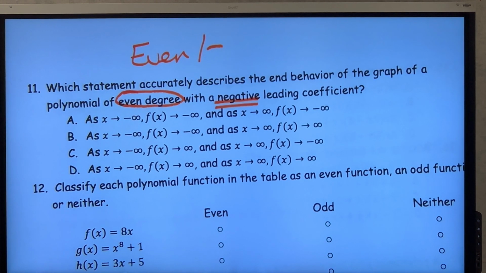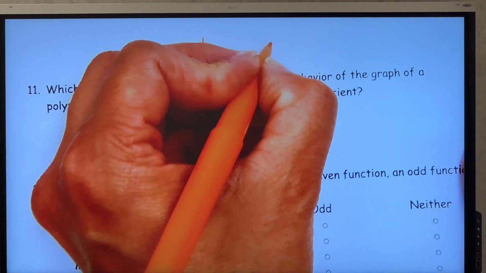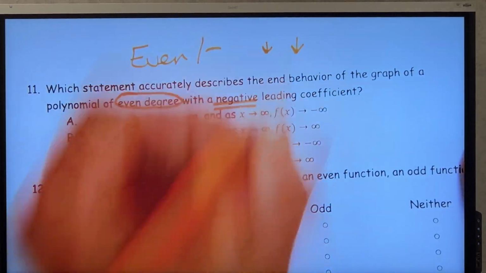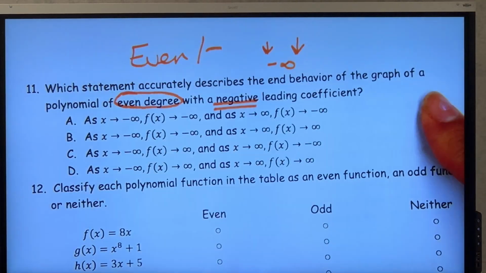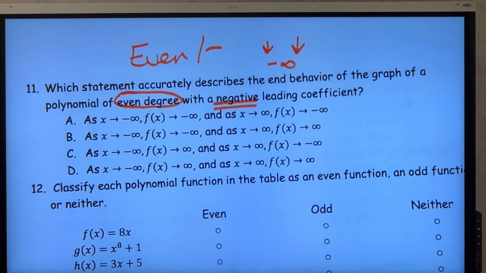But because it's negative, that means that direction is down on the left and down on the right. Remember, down means negative infinity, okay? So as x goes to each of the infinities, left would be negative infinity, right would be positive infinity. The f of x is always going down, so negative infinity on both sides.